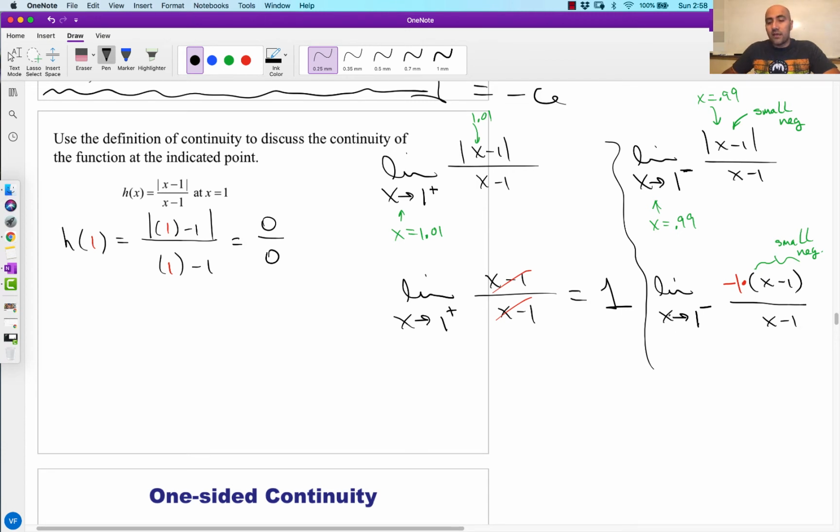Again, because x is a value to the left of 1, this denominator will also be a small negative. But they're identical, and x is never allowed to be actually 1, so this is never going to be 0. Therefore, I can just cancel these. So this reduces with that, and the only thing that survives is this negative 1. So I can conclude that my limit is equal to negative 1.